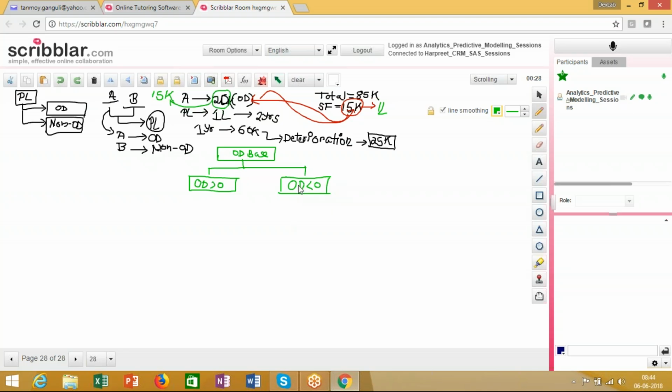So this is an overdrawn current account. This is an overdrawn overdraft, a case where your OD account is overdrawn. Now, borrowers who have historically been overdrawn.